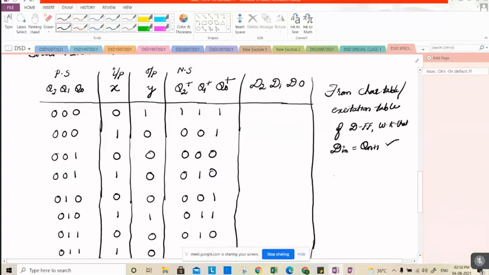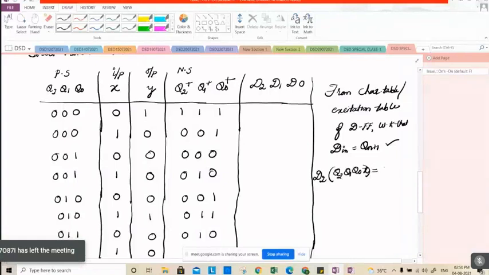Now tell me how you will get the expression for D2. D2 will be a function of what variables? Q2, Q1, Q0, X. Now, what are the minterms present in D2?